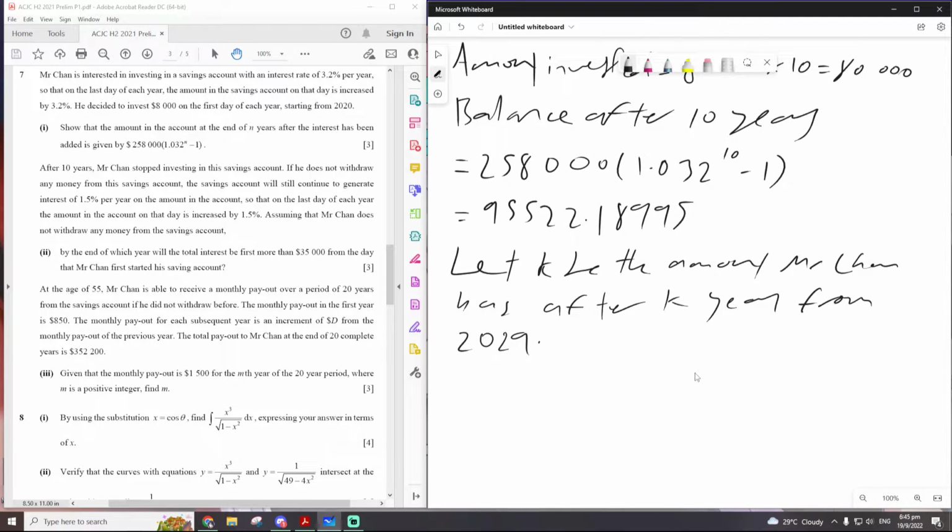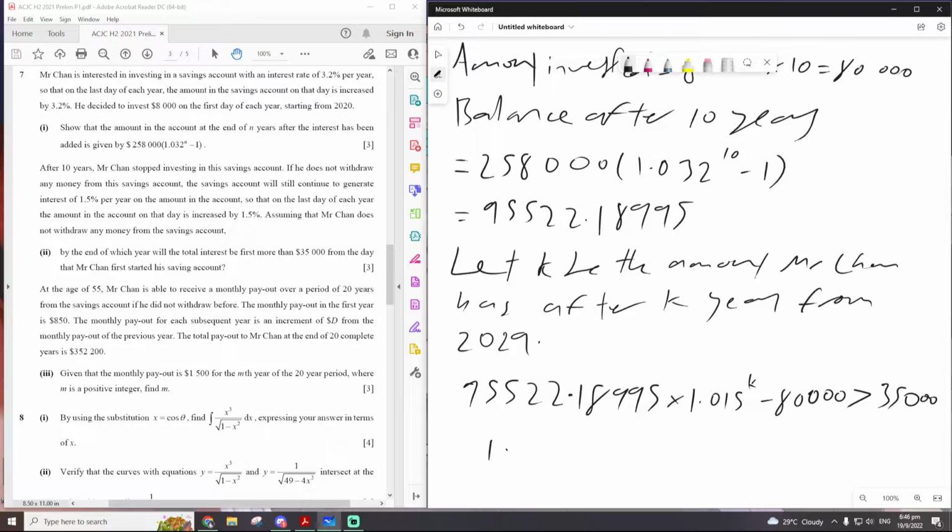Okay. So we need to solve for first more than $35,000. So we take 95,522.18995 times 1.015 to the kth power, minus 80,000, which is the amount that he invested, so it's not counted in interest, is greater than 35,000.